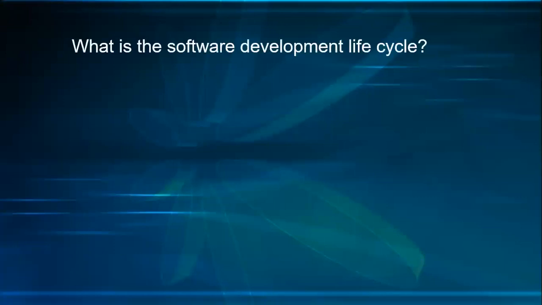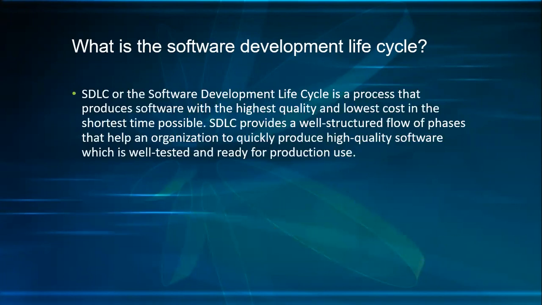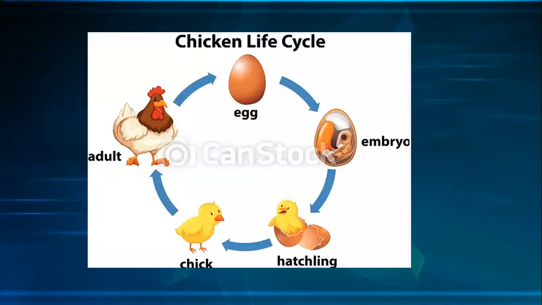So that takes us to defining what SDLC is, which we talked about. It is a process that produces software with high quality and low cost in the shortest time possible. SDLC provides a well-structured flow of phases that helps an organization quickly produce high-quality software, which is well tested and ready for production use. Those were the reasons. I gave an example of this life cycle, just for you to have a better understanding.